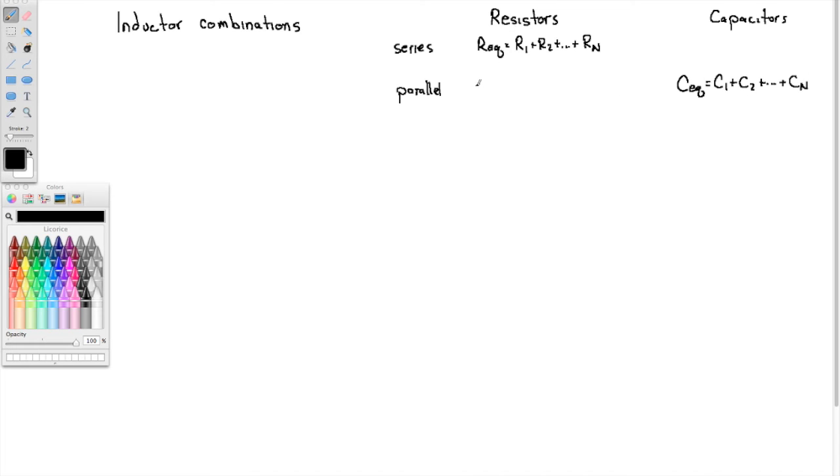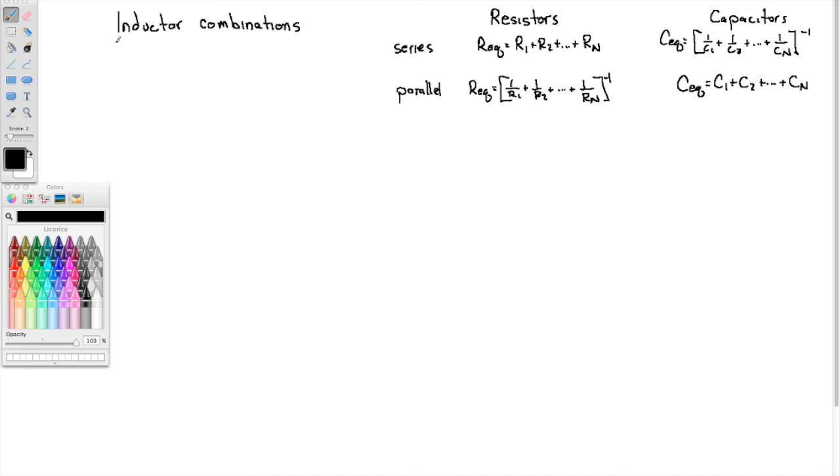For parallel resistors, we saw that the equivalent resistance was this thing where we take the inverse of the reciprocals. 1 over R1 plus 1 over R2 plus all the way to 1 over Rn, and then again take that inverse. And this is what we saw with series capacitors. One over C1 plus 1 over C2 plus all the way to 1 over Cn, and then inverse.